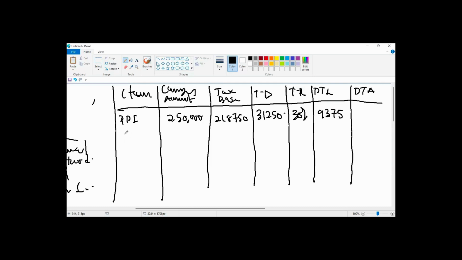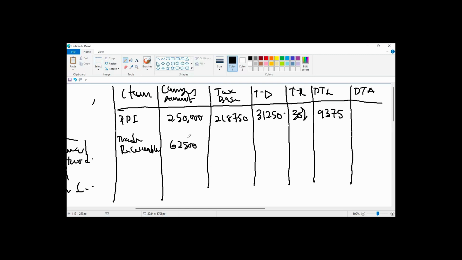Trade receivable. They've given me the carrying amount, 62,500, but they have not given us the tax base. Who can tell me the tax base?